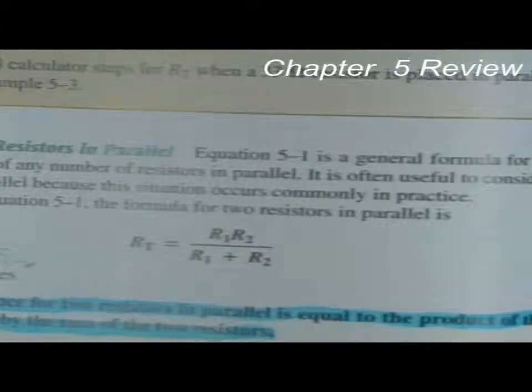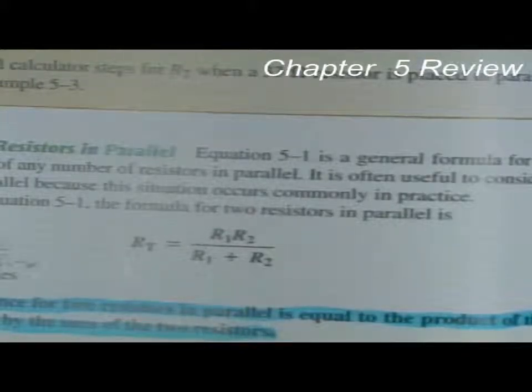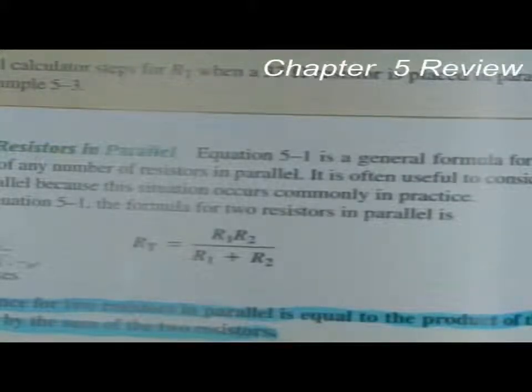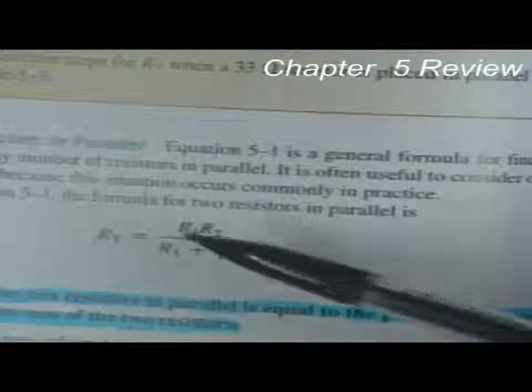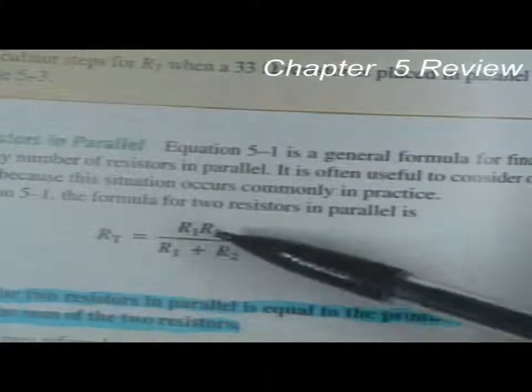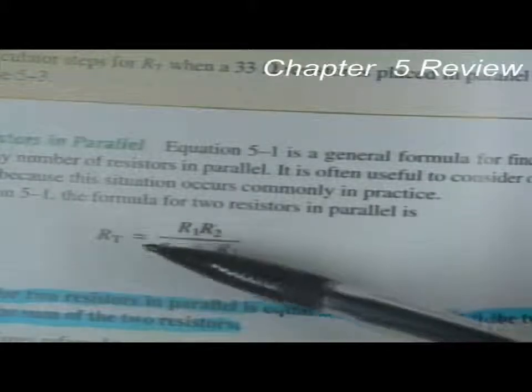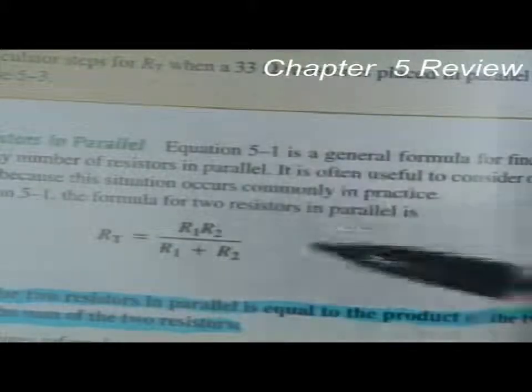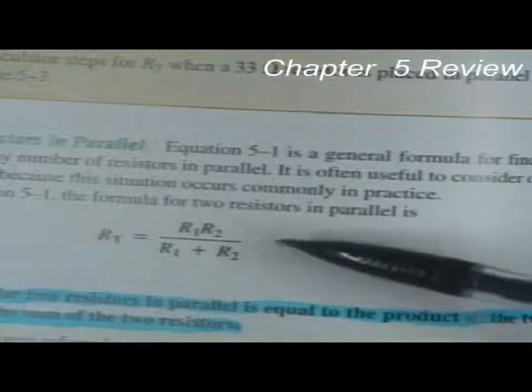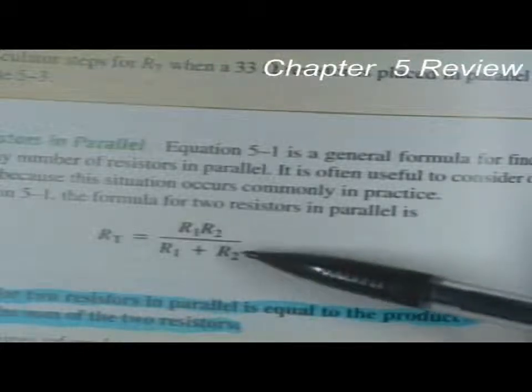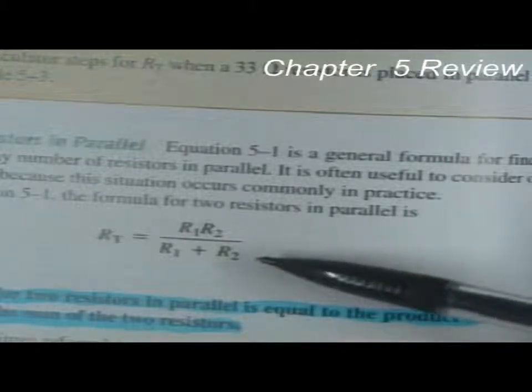Now, there are different cases where a resistance can be covered with a different formula. For example, and this is only for 2 resistors, if you have 2 resistors in parallel, we can determine the total resistance by this formula, that RT equals R1 times R2 over R1 plus R2, and that's called the what?